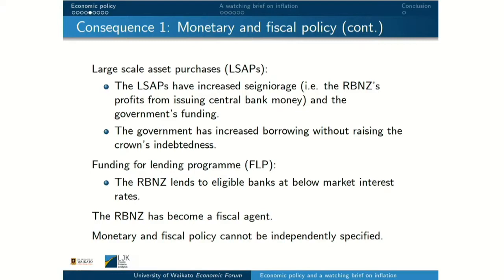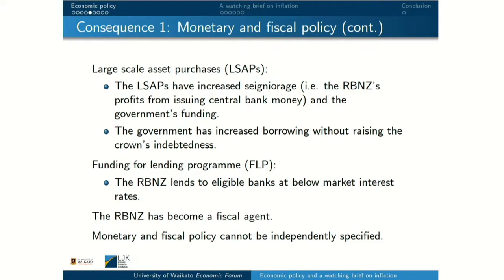So most of the profits from the Reserve Bank are paid to the government in the form of dividends. And so these large-scale asset purchases have increased the government's borrowing, but without increasing the Crown's indebtedness, because most of the debt issued by the government is held by the central bank.